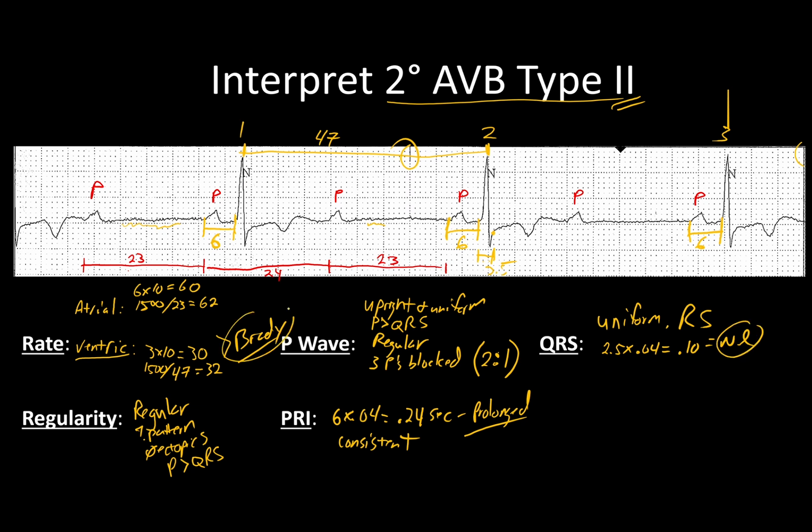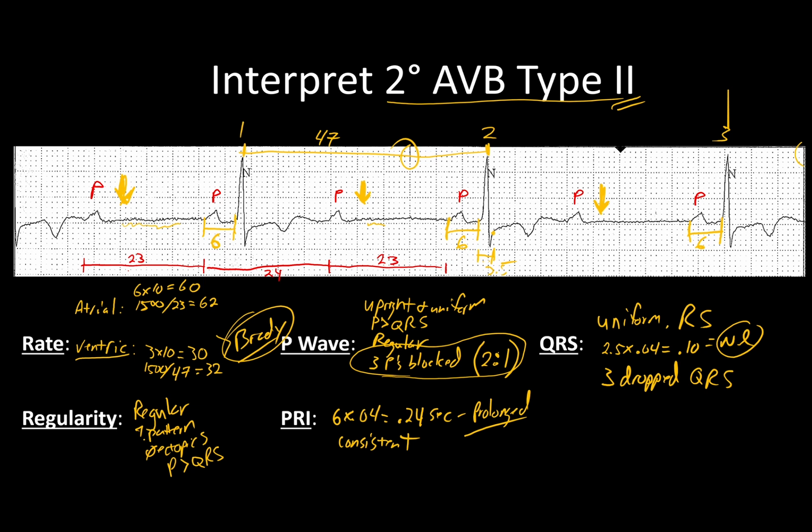We are bradycardic, but we do have a pattern of blocked P waves, and to that end, we have 3 dropped QRSs, and those would have been in these 3 locations here. That's where all that is.